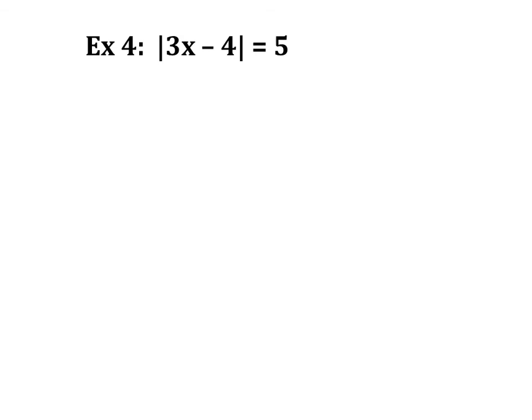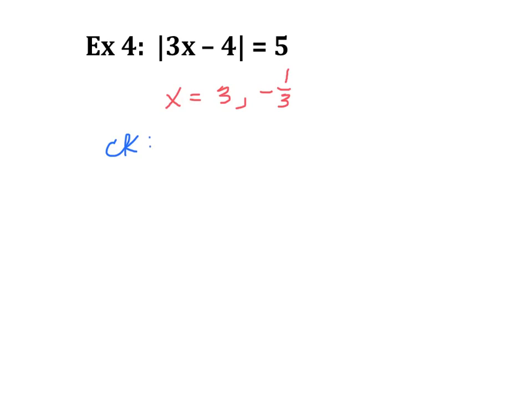Okay, so by now you should be getting the idea of the problem. So I want you to do this one and come back in a second after you have done it and check your answer with my answer. Okay, I got x is equal to 3 and x is equal to -1/3. Let's practice checking the -1/3.